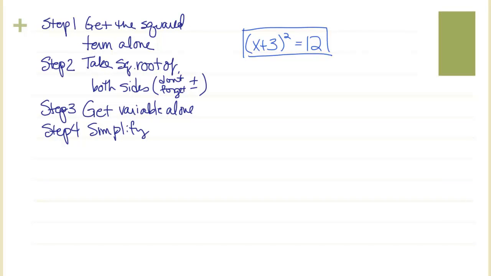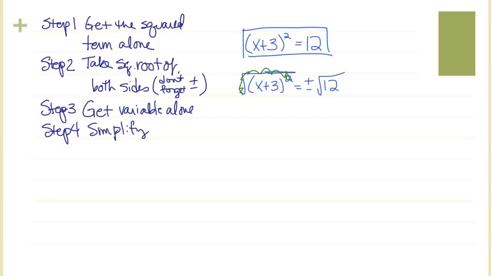Yes, because on the left side of the equal sign, the only thing there is something that has a square on it. So I'm going to rewrite my problem because I like to keep a nice clean copy in my notes. Square root of both sides, because again, there's nothing on the left side that's not going to get squared. Don't forget your plus and minus. These guys cancel out.